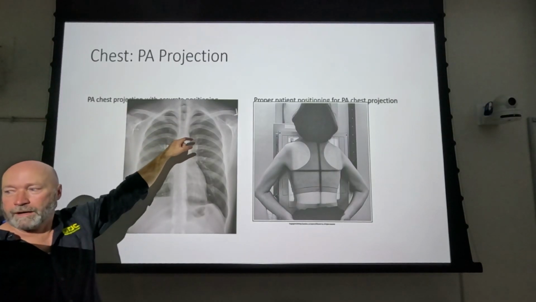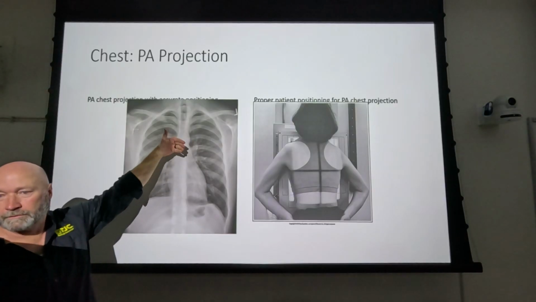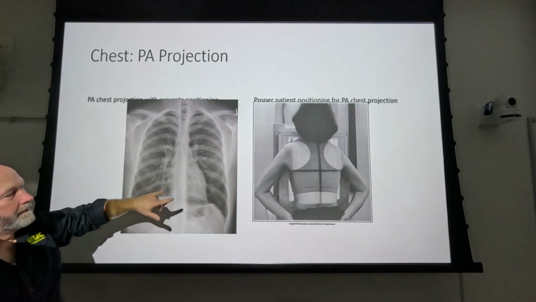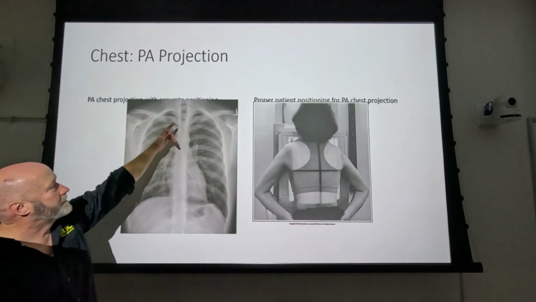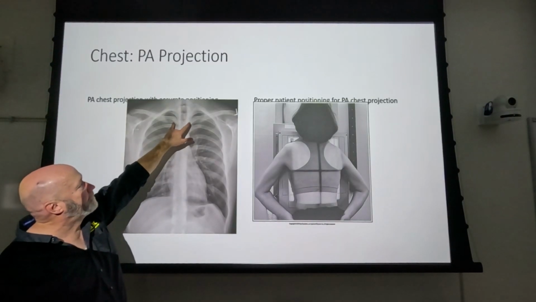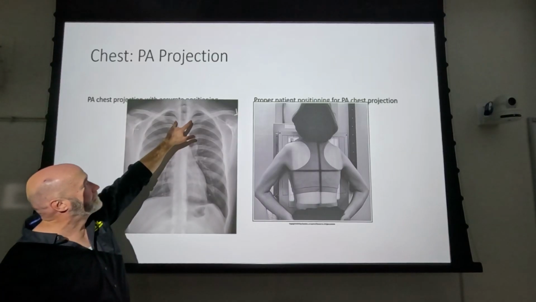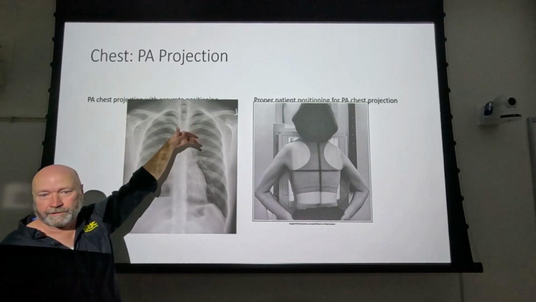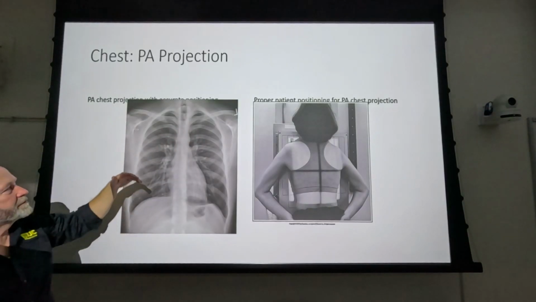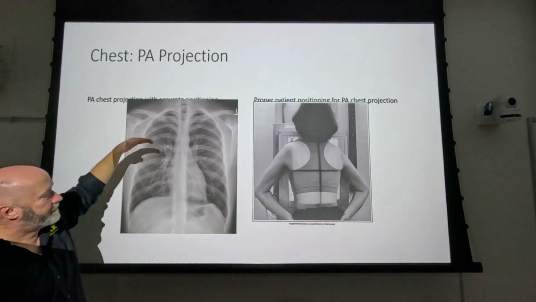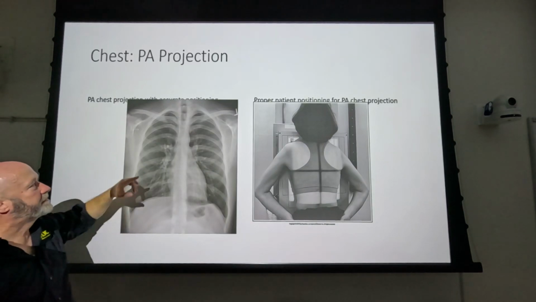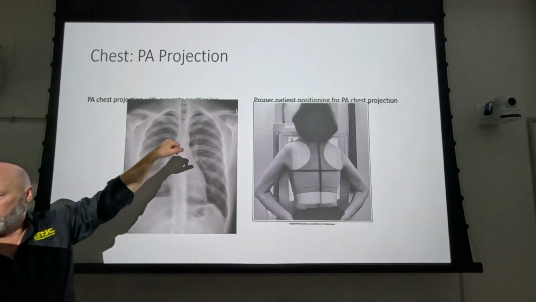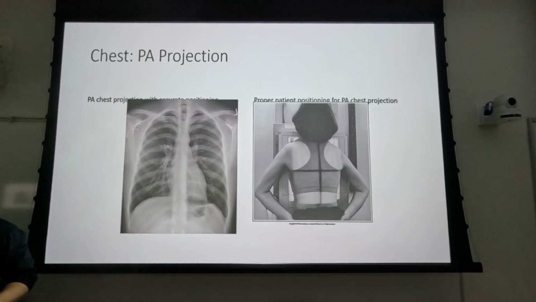So it should be around T3, 4, okay? So that's that evaluation. With rotation, on one side you're going to get separation between the spine and the clavicle and superimposition on the other side, right? So you want to see top to bottom, apex to costophrenic angles, without rotation, and your clavicles around T3, T4, okay? No lower than T4, all right?